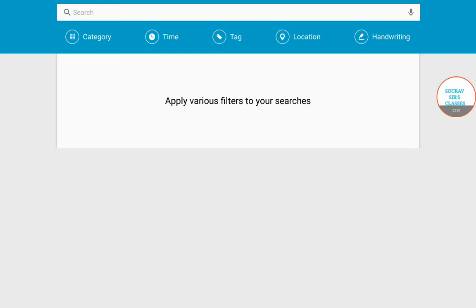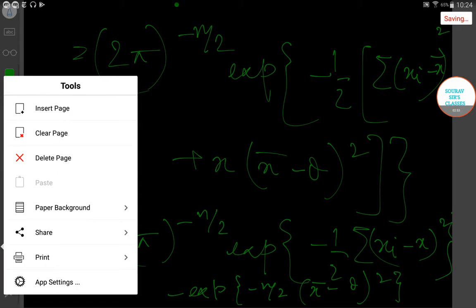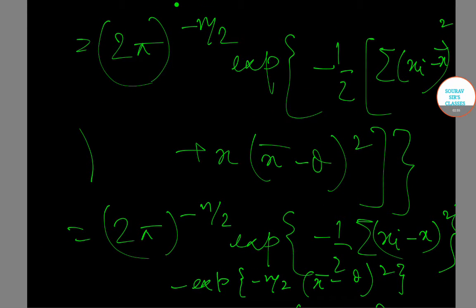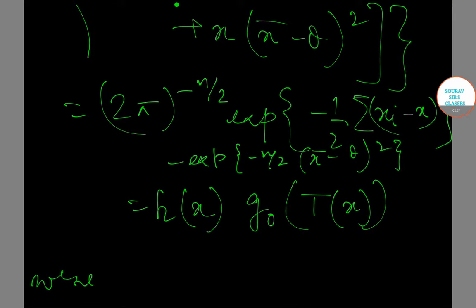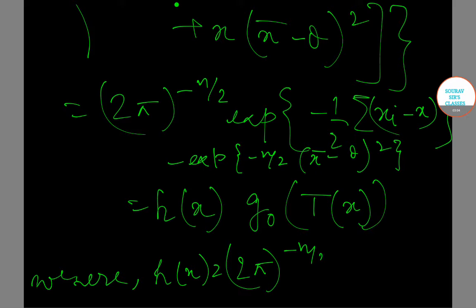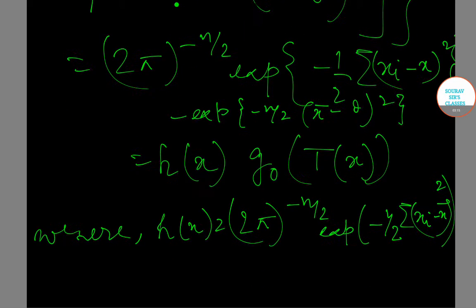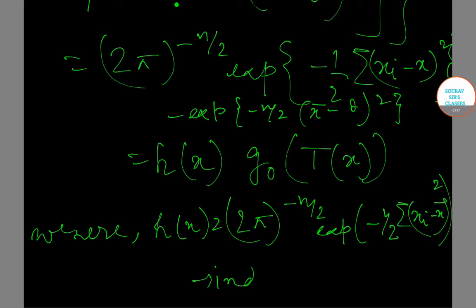where h of x is equal to 2 pi to the power minus n by 2 exponential of minus half summation of xi minus x bar square, and this is independent of theta.